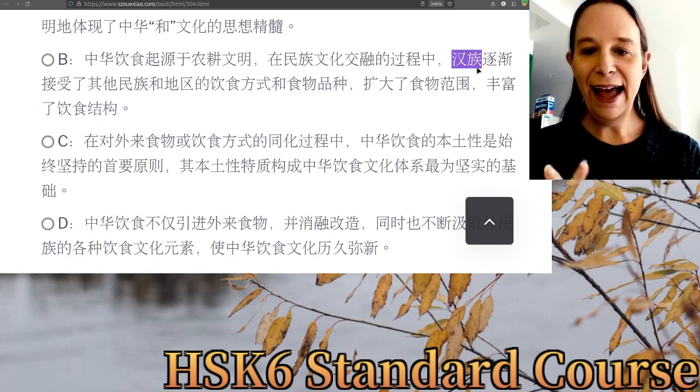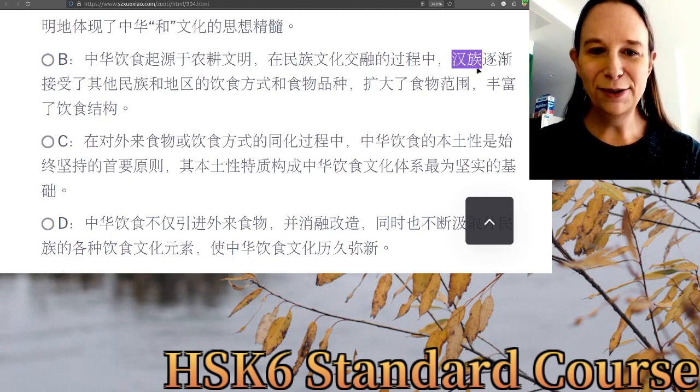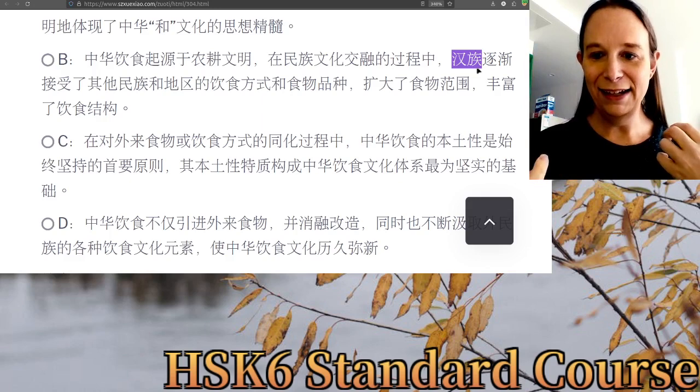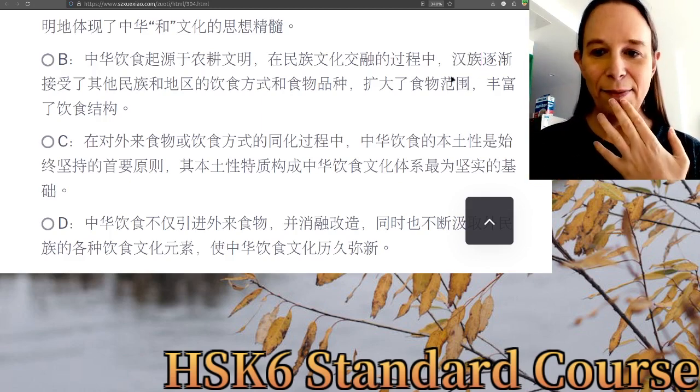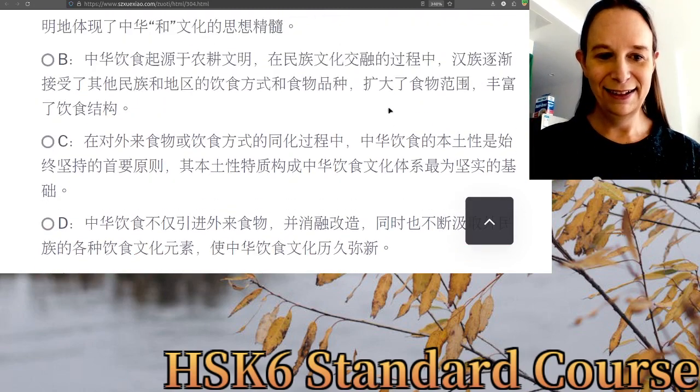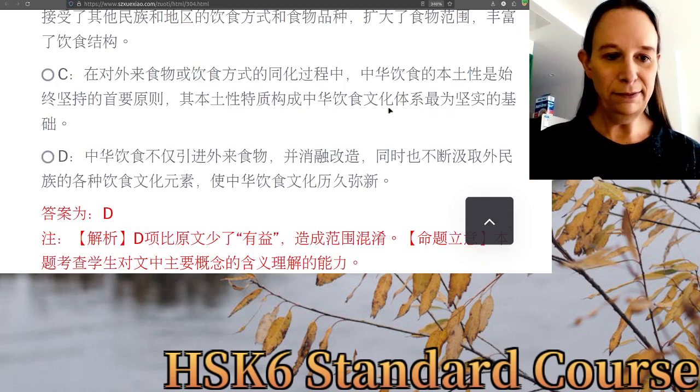They talk about the Hanchao, but not the Hanzu. And they talk about after the Hantang 以后. So that one makes me a little bit suspicious, but I don't think it's wrong. Oh, I saw the answer. Oh, all right.